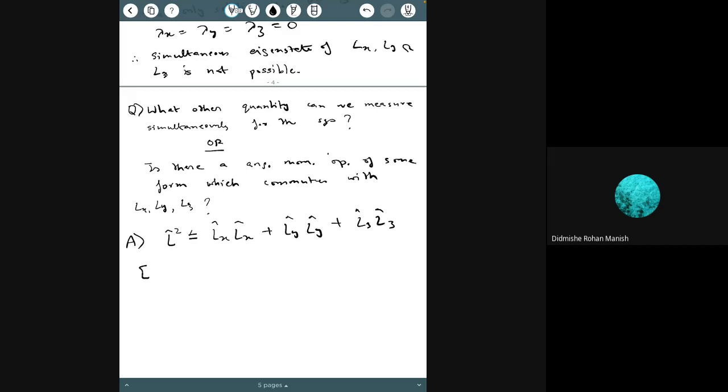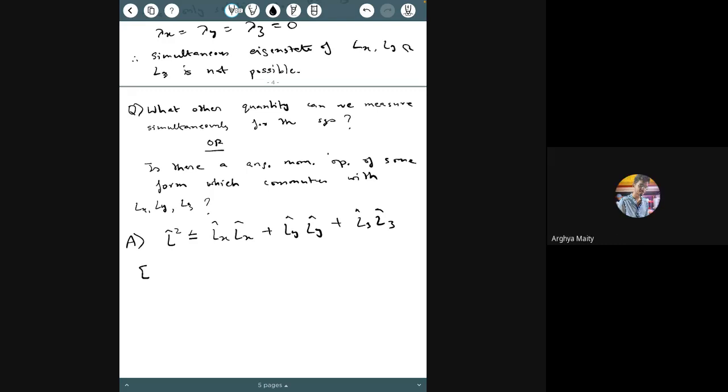So yes, you are right. It has the same dimension as energy, and that plays an important role in how we will solve the hydrogen atom problem. So you are exactly on the right track. But whether your cause and effect question is true, I don't think so.